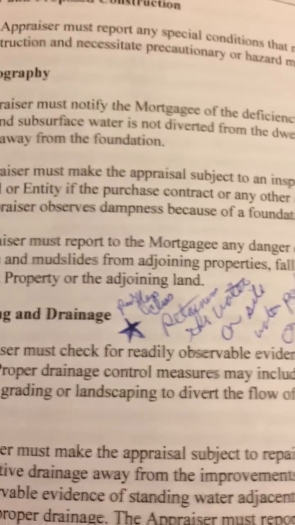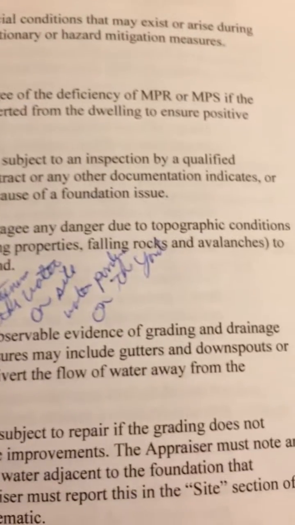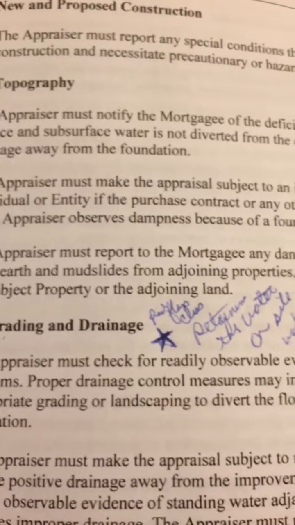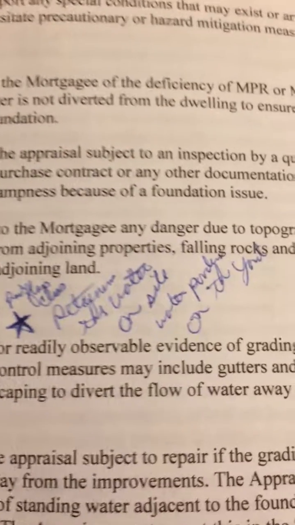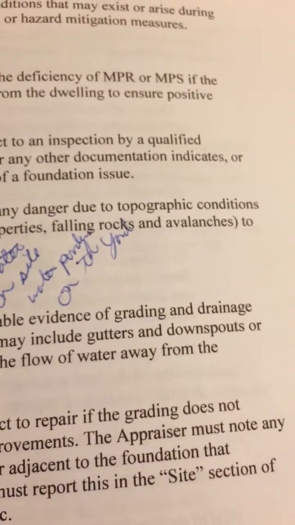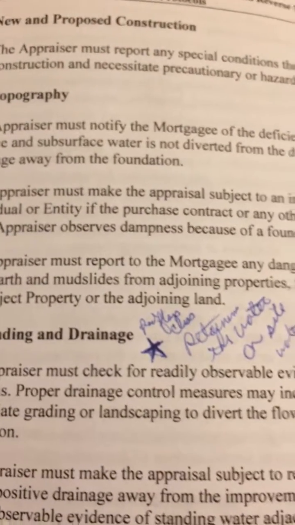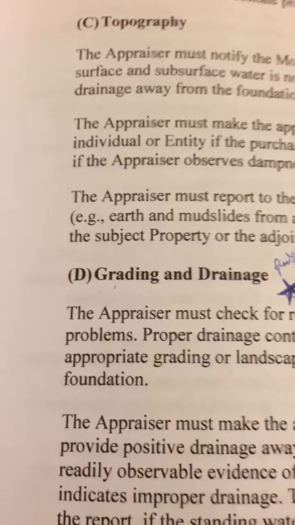The appraiser must report to the mortgagee any danger due to topographic conditions, for instance, earth and mudslides from adjoining properties, falling rocks and avalanches to the subject property or adjoining land.